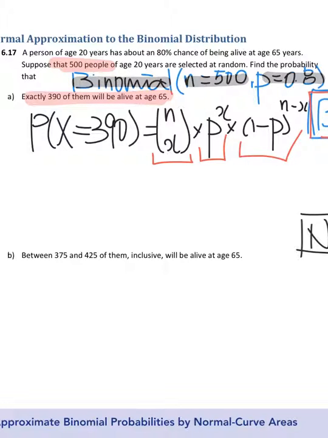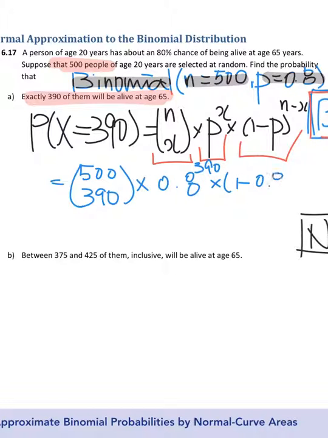So let me plug into the formula to take the probability. n was 500. Now x is 390. We are going to use the C function to get the number of combinations later. And probability was 0.8 to the power x, 390, times 1 minus 0.8 to the power 500 minus 390.